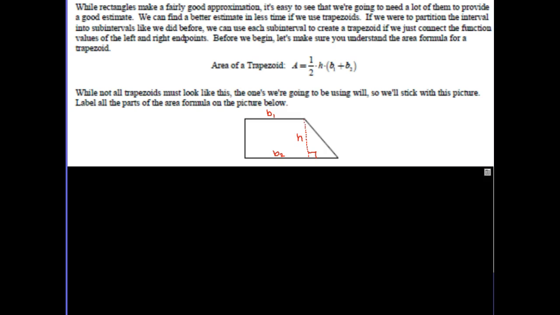Well, not all trapezoids might look like this. This one's the one we're going to be using, except we're going to rotate it on its side. So let's label this picture to match our area formula. What we remember for a trapezoid's area is base 1, base 2, and height. So the formula for area is 1/2 height times B1 plus B2.